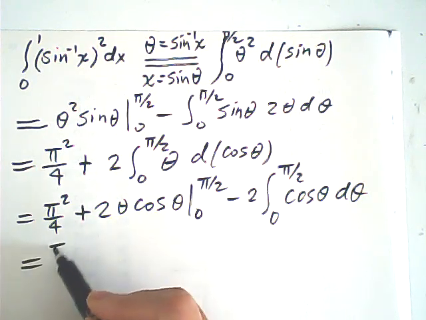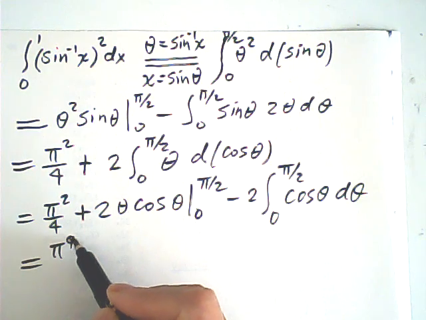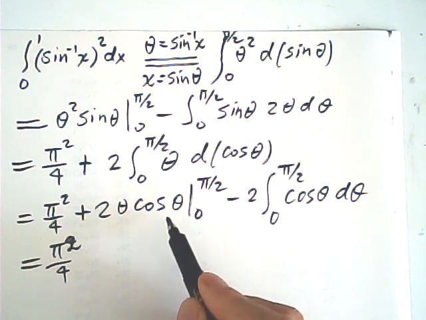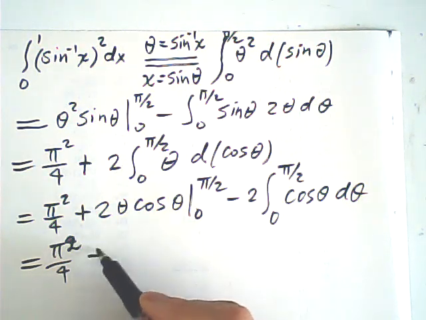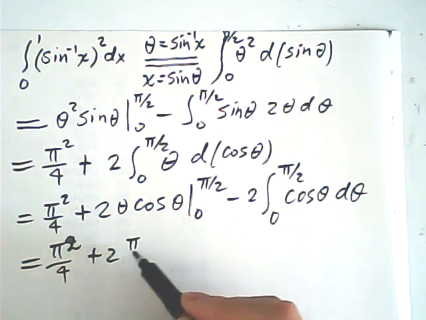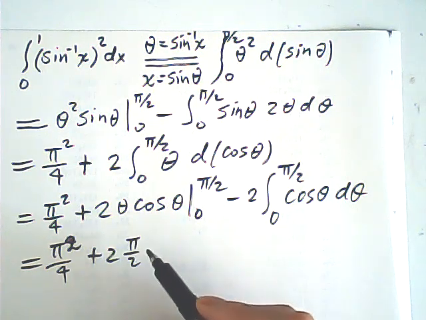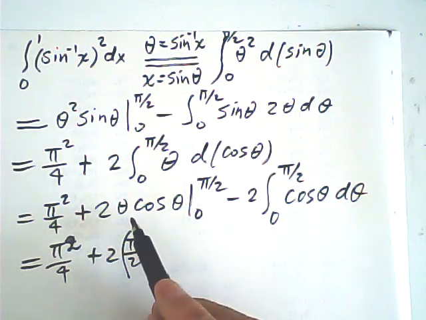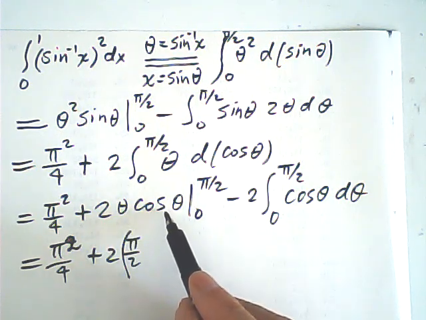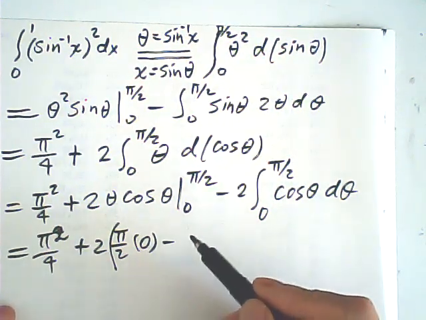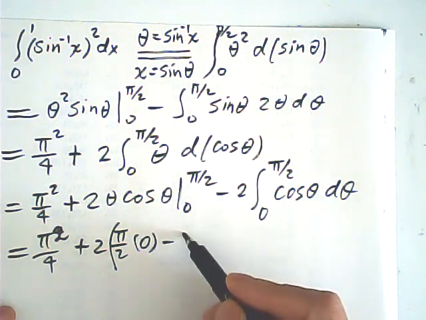And this one is equal to pi squared over 4 plus 2 times, this is half pi, right? Half pi cosine is 0, right? Yeah. Minus cosine 0 is 1, right?